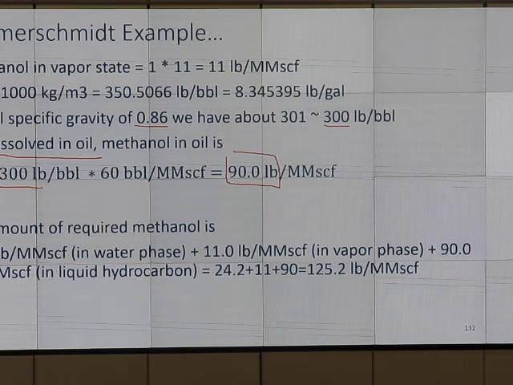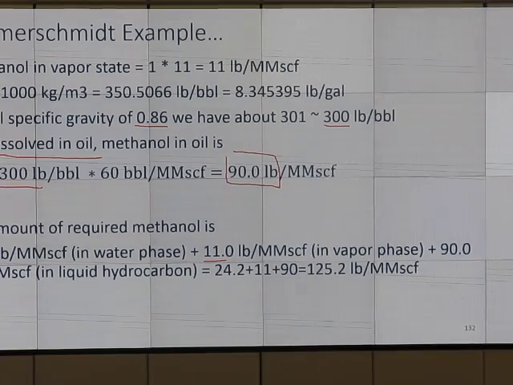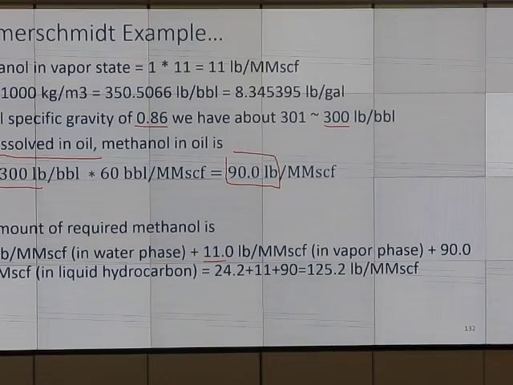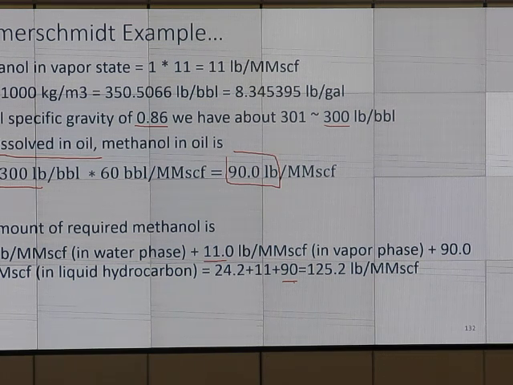All right. What I want you to focus on here is this number, 24, which is the one in the water phase. 11, so we have about half lost as vapor in the gas phase. And we have 90, the majority part going to oil, which doesn't do us any good.